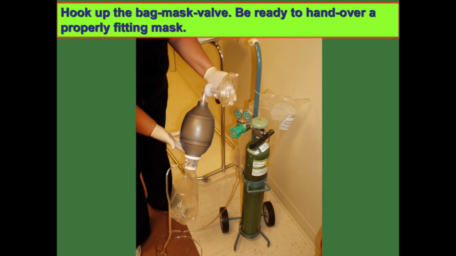The second method is the bag valve mask. This is also called the ambu bag. So we're going to bring the ambu bag up. Hopefully it's going to be already assembled, and you're going to crank your oxygen up to full oxygen flow from the tank.